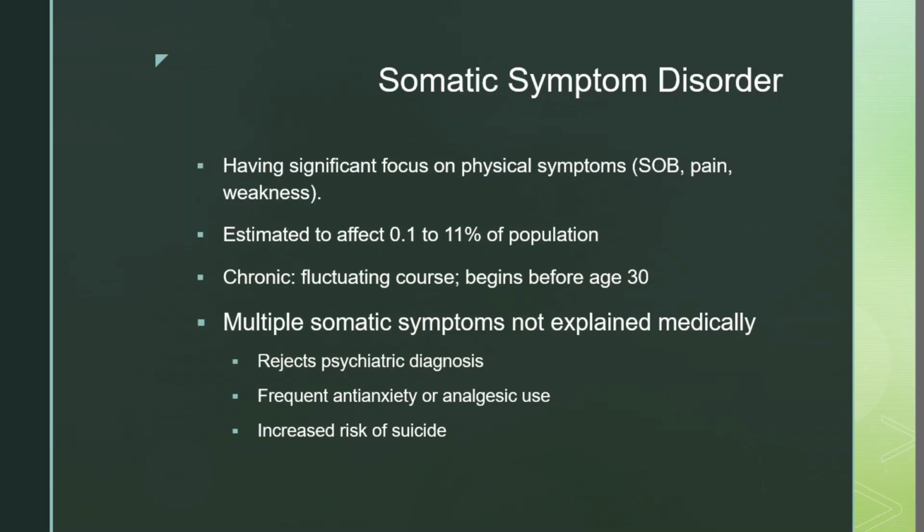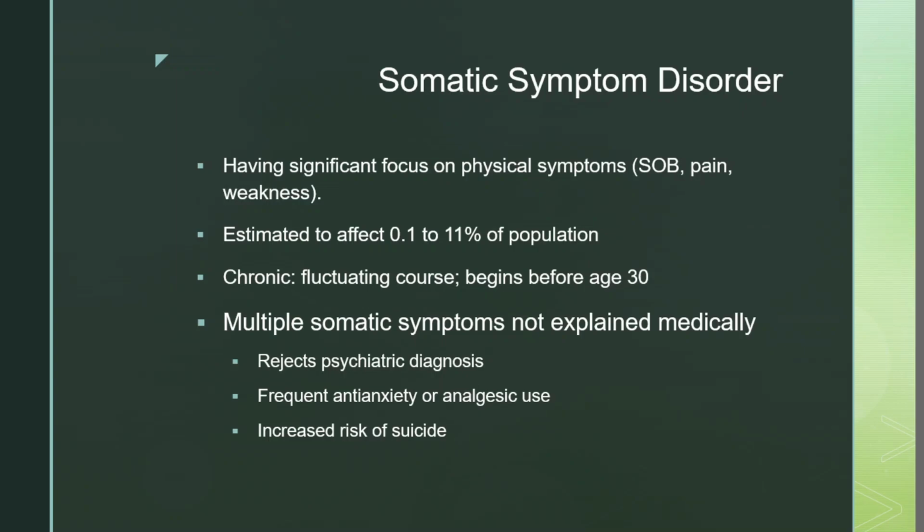So the somatic symptom disorder is chronic, and it's fluctuating in its course. And once again, we'll see these people younger than age 30 getting these somatic disorders. So the person with multiple somatic symptoms that are not explained medically, right?